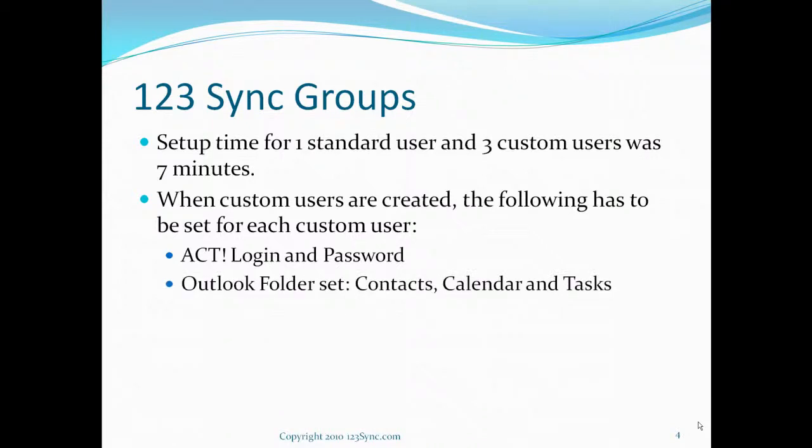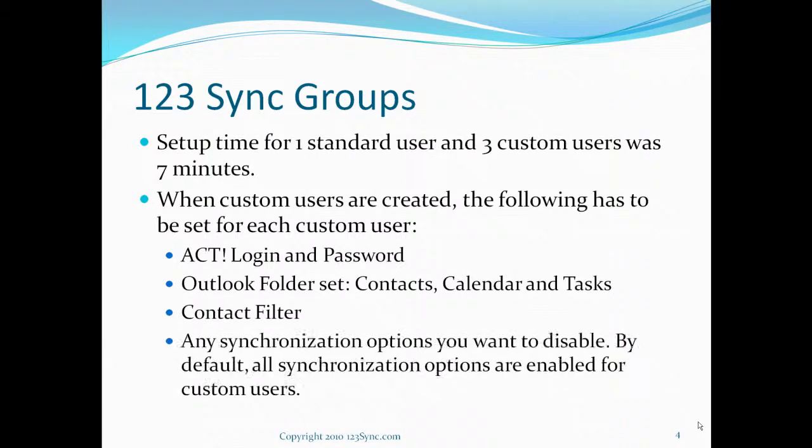You have to select the contacts, calendar, and then the tasks, and which contact filter you want to use, whether you want group or you want to process all, anything like that. In addition, by default, all the synchronization options are enabled for the custom users. So if you want to disable any of those options, you have to go on the synchronization setting and disable them.